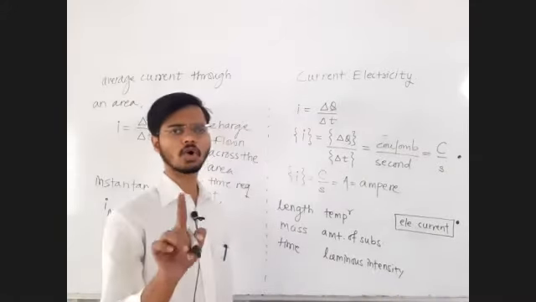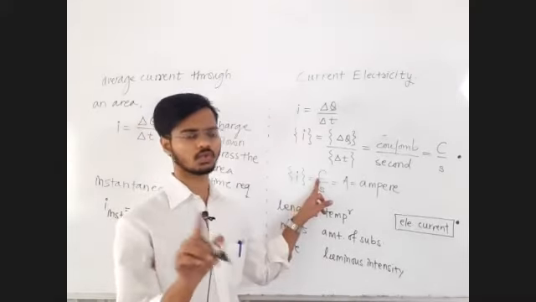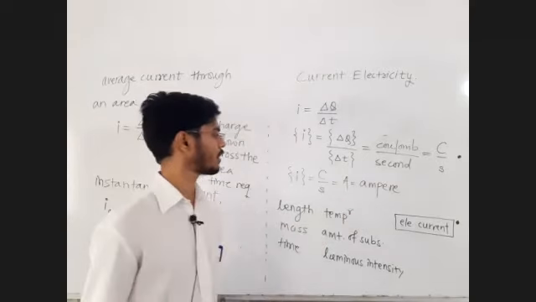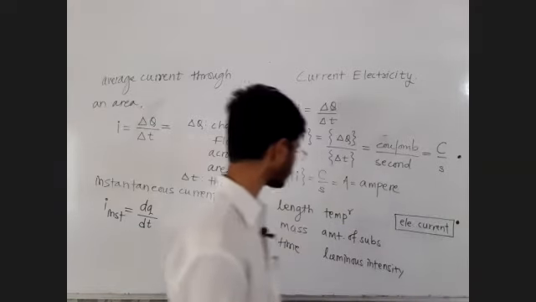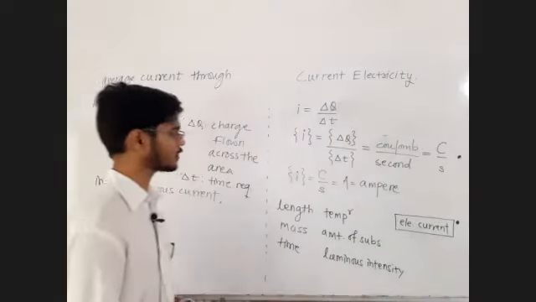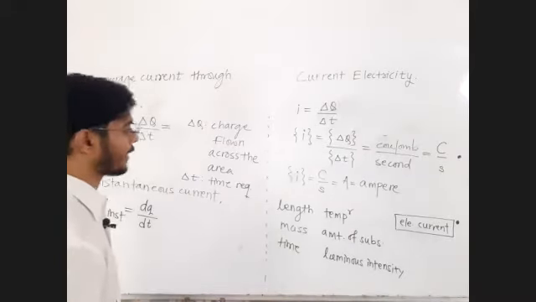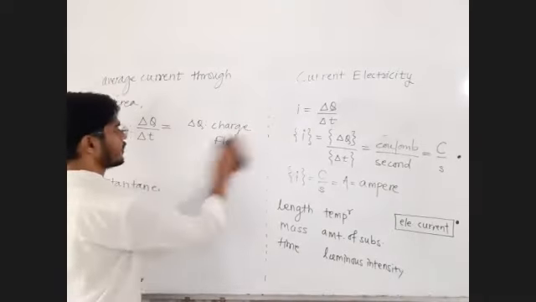Note that coulomb is not a fundamental unit. Ampere is the fundamental unit. Many students write coulomb as a fundamental unit, which is a mistake. Current is a fundamental quantity, and ampere is the fundamental unit.